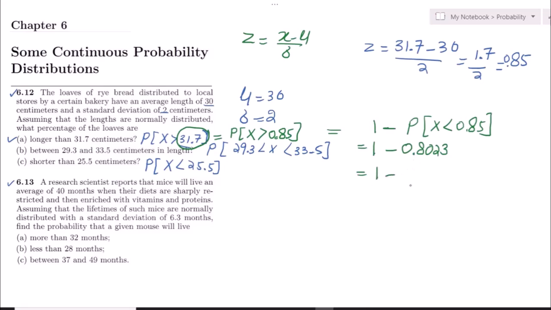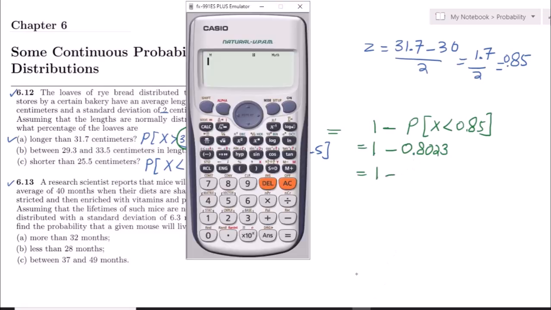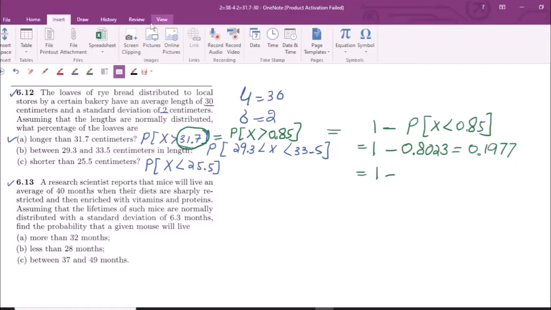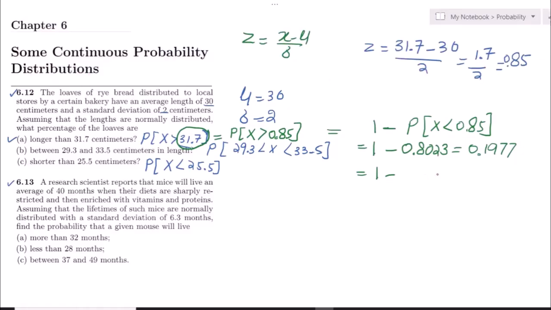Subtracting it from 1, it would be 1 minus 0.8023, so this is 0.1977, and that is the solution for part A of my question.